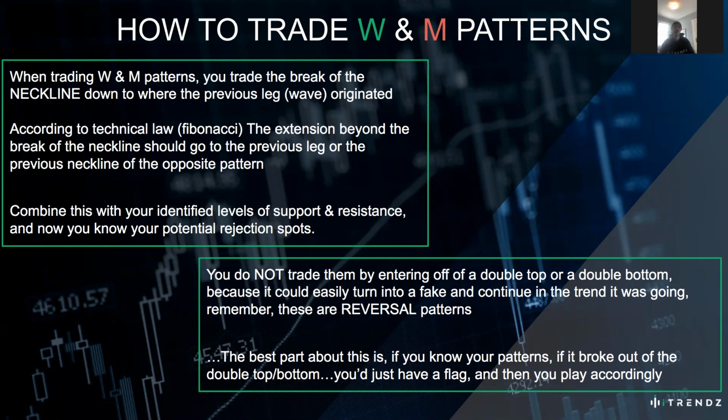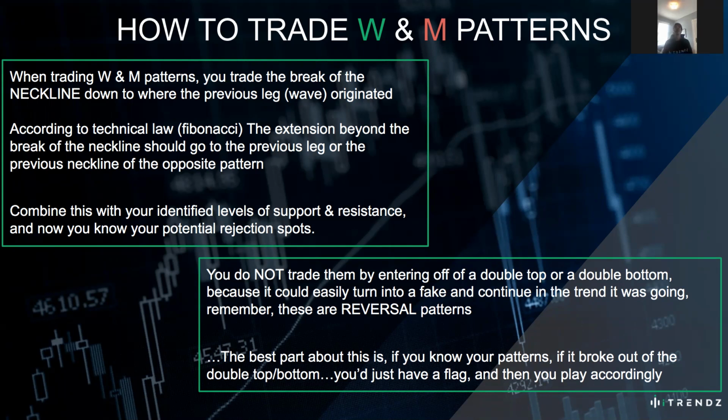That's technically where the law of Fibonacci retracements and the mathematics that go into Fibonacci retracements put those. So that is law. Combine this with your identified levels of support and resistance, and now you have your potential rejection spots on the stock or your potential support spots on the stock.